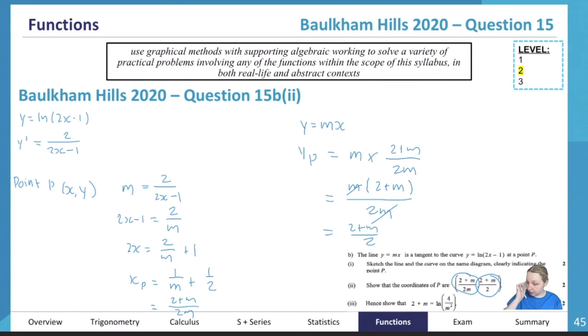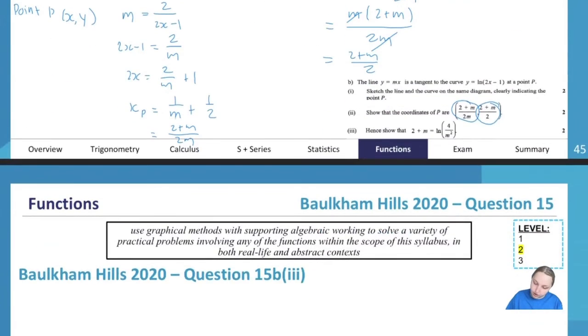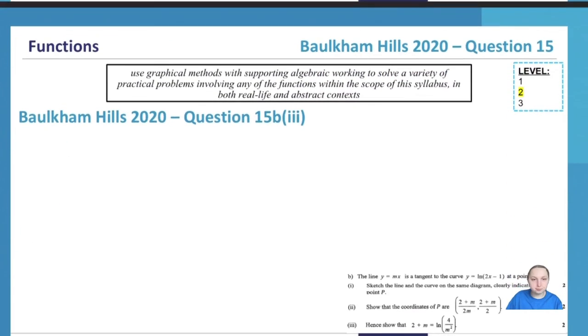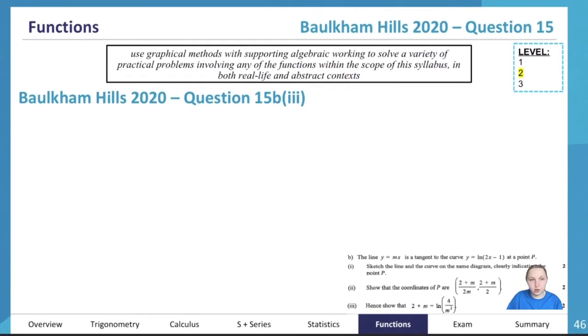Cool. So then looking at the final part of this question, show that 2 plus m equals ln 4 over m squared. So we've got our P is equal to 2 plus m over 2m on 2 plus m on 2.